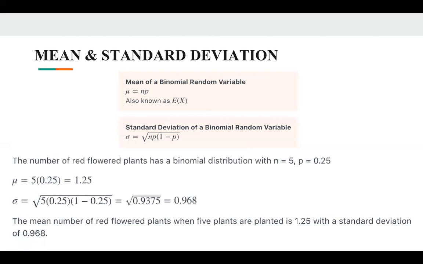You take the square root of the sample size, which is 5, times the probability, which is 0.25, and then you multiply that by 1 minus the probability, so that would be 0.75. Once you get all those numbers together, you get 0.968, which is the standard deviation.